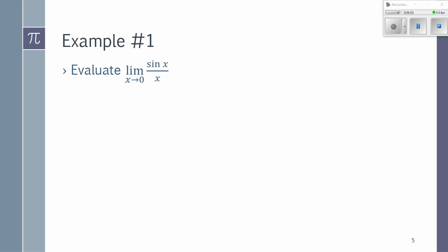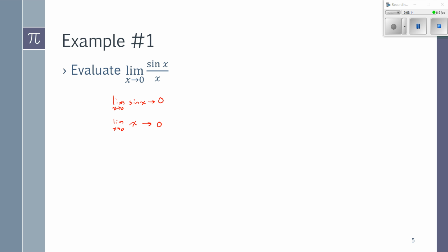So I'm first going to try substitution. And when I do that, when I substitute into the numerator, I have the limit as x approaches 0 of sine of x is approaching 0. And the limit as x approaches 0 of the denominator, x, is also 0.